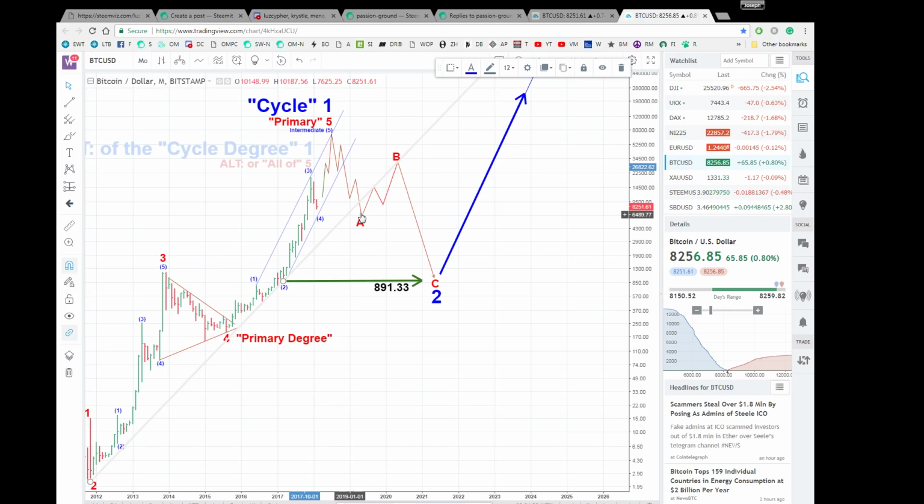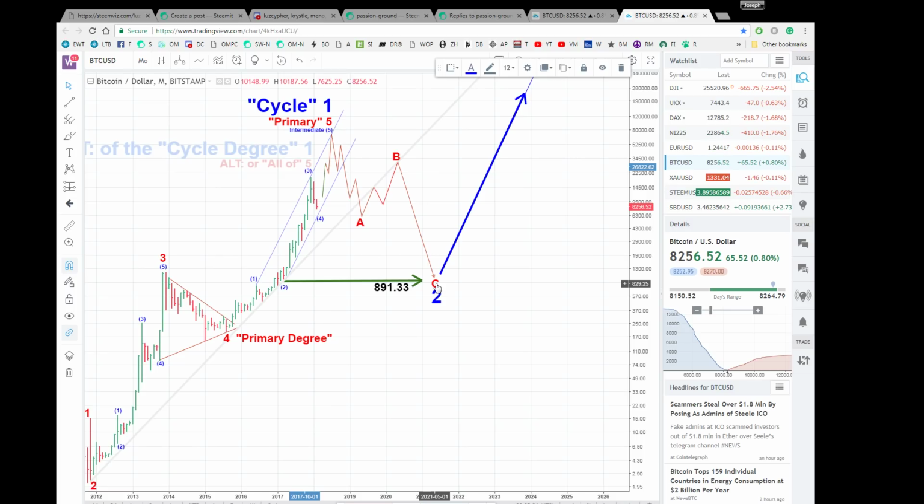Then we'd have a corrective upward 3-wave advance, another ABC at intermediate degree, which I didn't bother to label. This would be the small A, B in parentheses, C in parentheses, which would mark the larger B of the primary B wave advance. And then there'd likely be 5 waves down at intermediate degree, just like these 5 waves up, only in reverse, to mark the end of the primary C wave down.